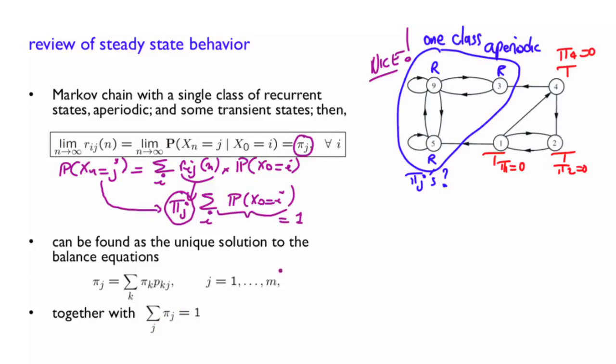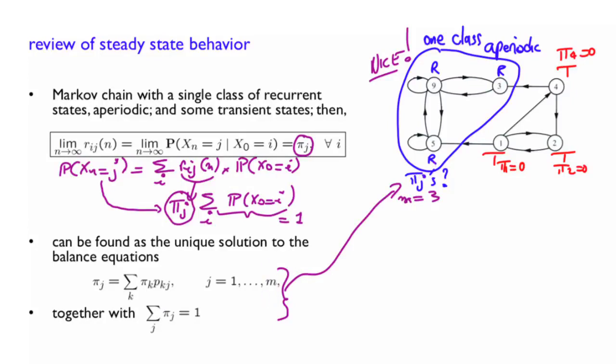And we have seen that the system of m plus 1 equations provides a unique solution for the recurrent class. So you would apply that to that recurrent class, and in that example you have 3 states, so you would choose m equals 3, and you would solve this system to get the pi j's.